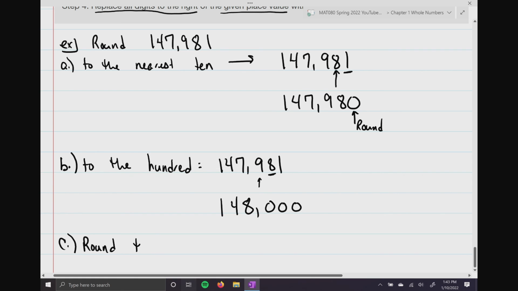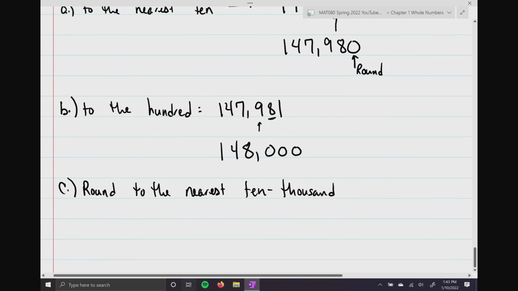Let's round the number to the nearest 10,000. Okay? So our number, 147,981. So identify the place value. That's going to be right here.